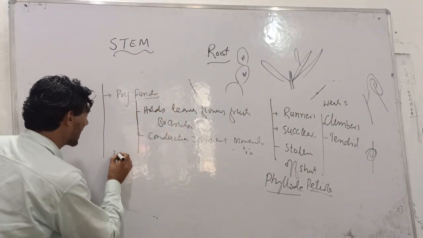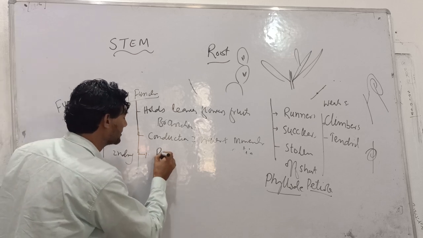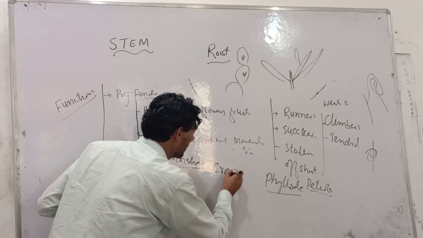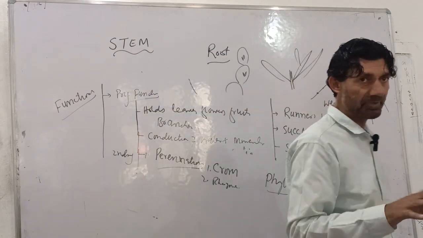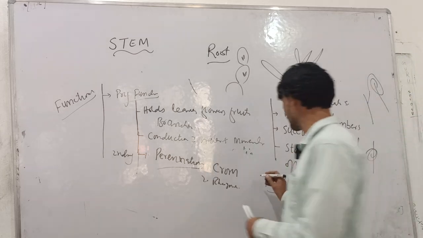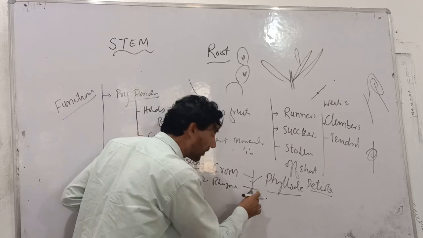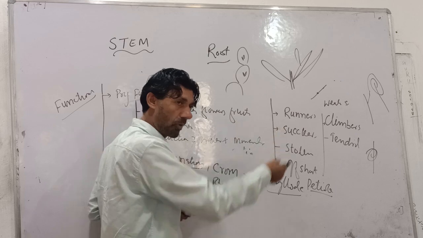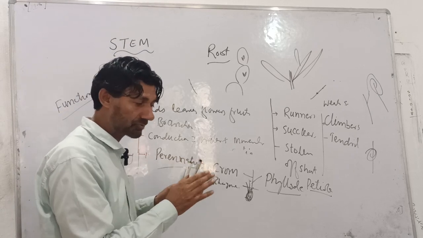Now the secondary functions. One of them is called perennation. Perennation is the modification of stem in the form of tubers and rhizomes during unfavorable conditions, such as drought, lack of water, or forest fire.